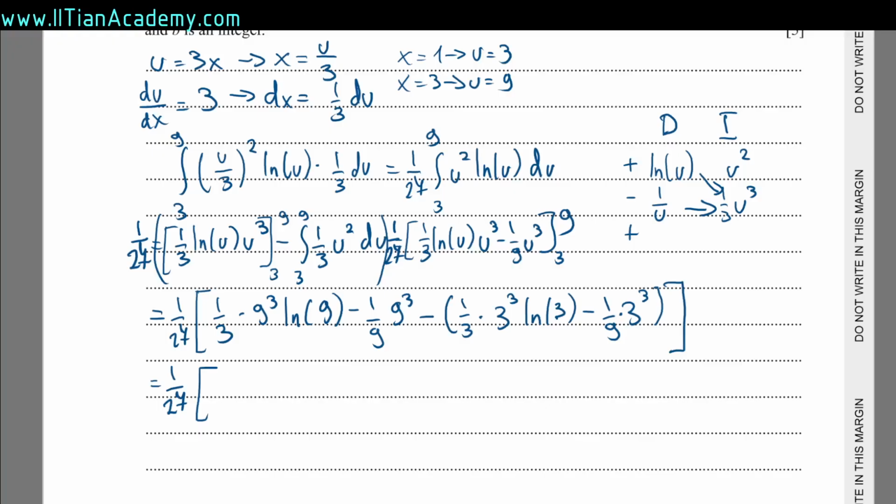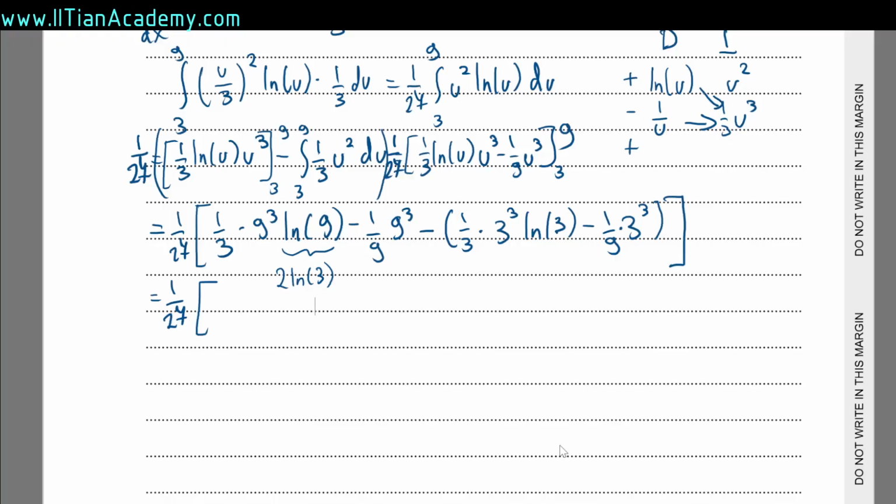That's going to be the smallest logarithm. So this ln9 we can just rewrite as 2 times ln3 because 9 is 3 squared and we can bring down the exponent. So this is just going to be 2 times 729 over 3, that's 9 cubed, times ln3 minus 81, minus 27 over 3 ln3 minus 3.